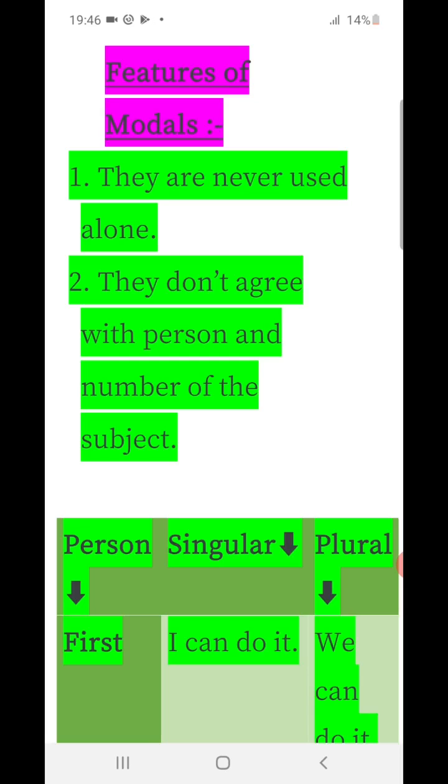So they are never used alone. Next, number 2, they don't agree with person and number of the subject.